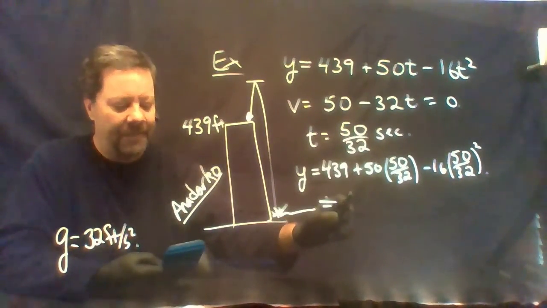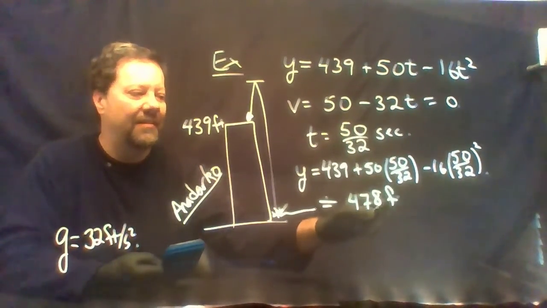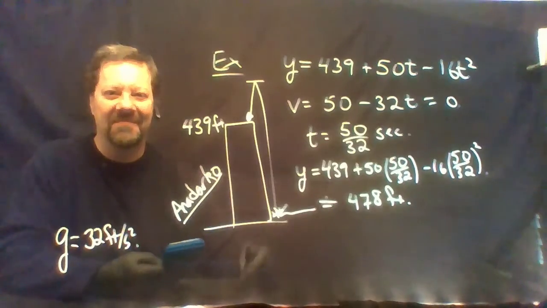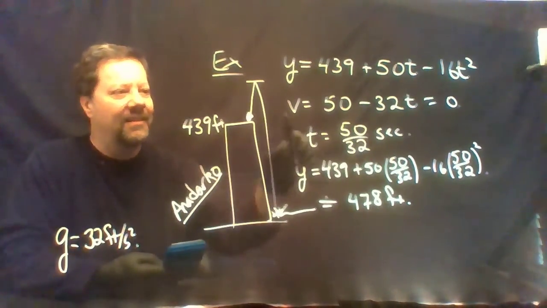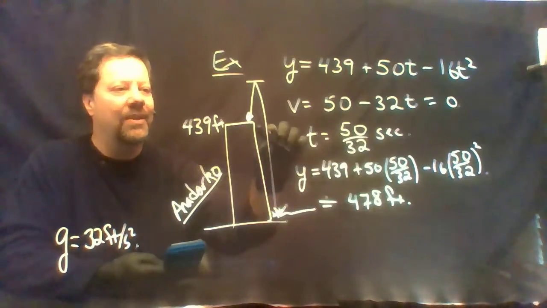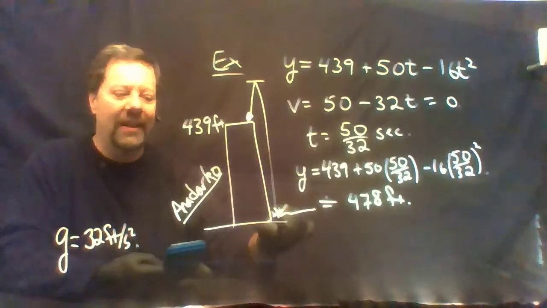My calculator gives me about 478 feet. I have another question. We have the velocity now. The question I have is, how fast is it going when it hits the water?